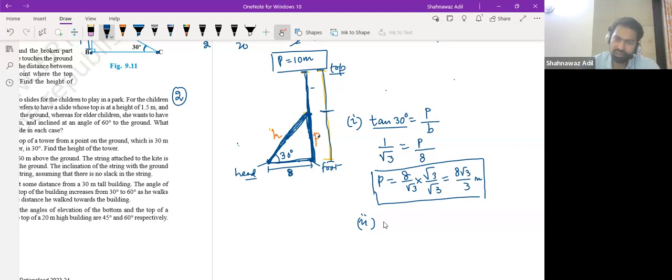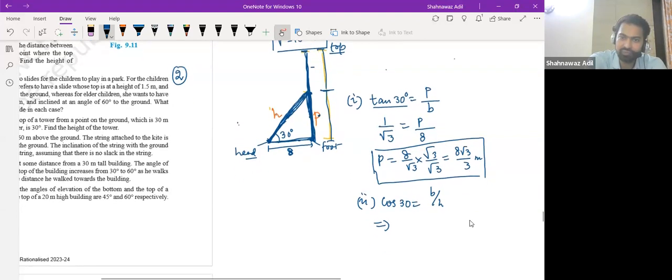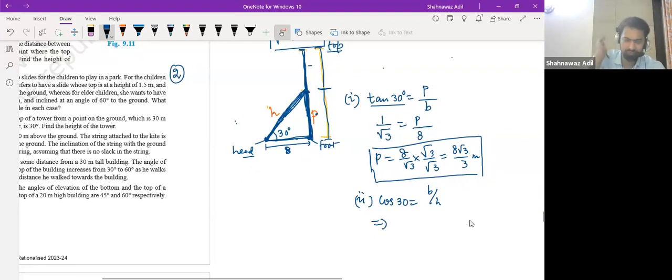Cos 30 would be base by hypotenuse, right? So how much is cos 30? Root 3 by 2.